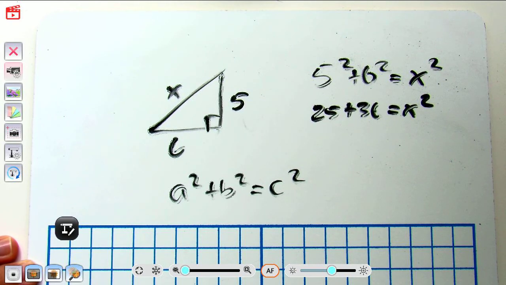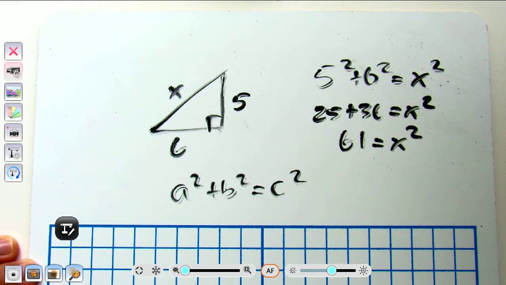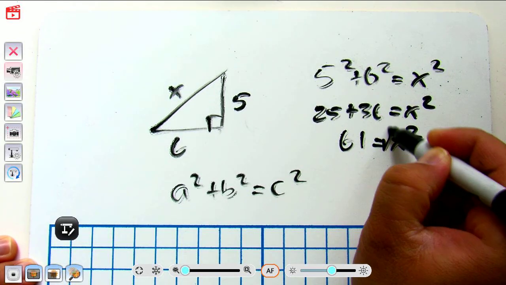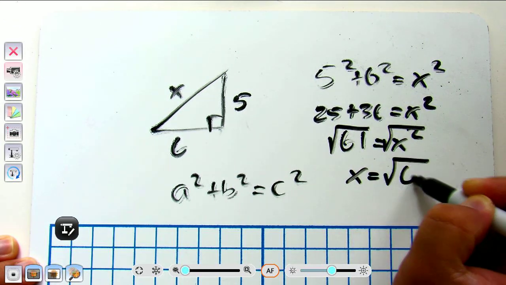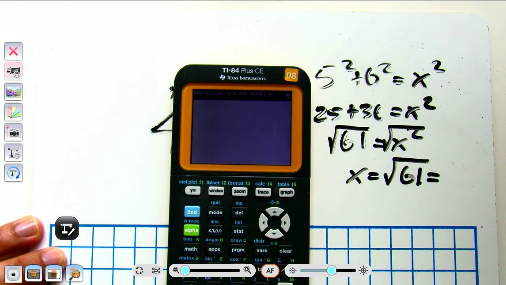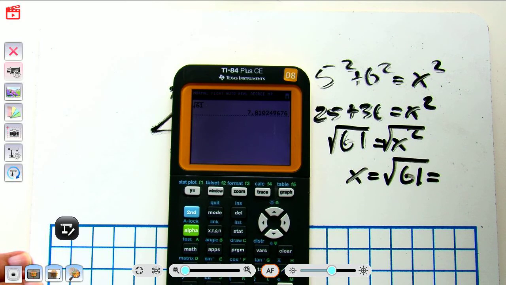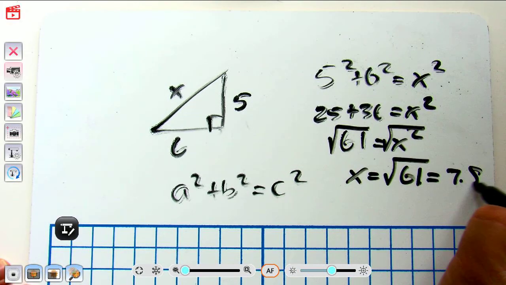So I get 61 equals x squared, and to solve this, I will take the square root of both sides. So my answer, x equals the square root of 61. If I use a calculator and type that in, the square root of 61 is 7.8. So this side is 7.8.